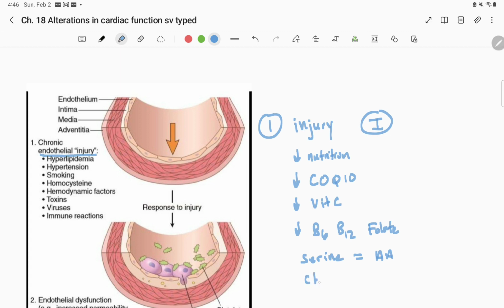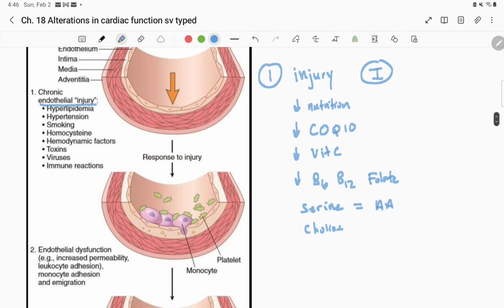Choline, which is vitamin B4 and is necessary to help with tunica intima health.